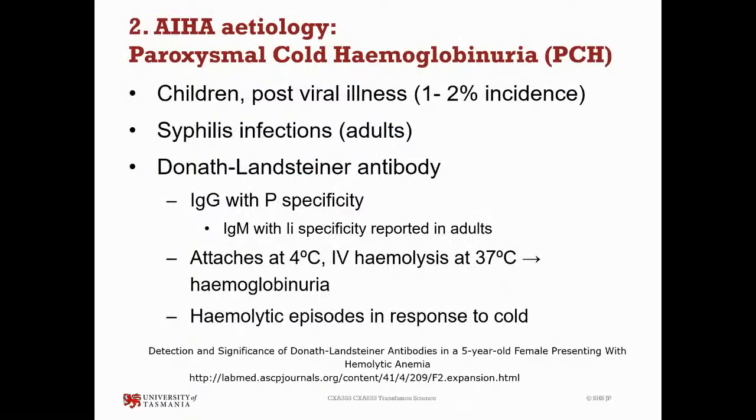So just an aside here on paroxysmal cold hemoglobinuria. This is a rare autoimmune hemolytic anemia that can occur following infection in children, very, very rarely in adults. With children, it tends to be after viral illnesses such as measles, mumps, influenza, adenoviruses, chickenpox, cytomegalovirus, Epstein-Barr virus.